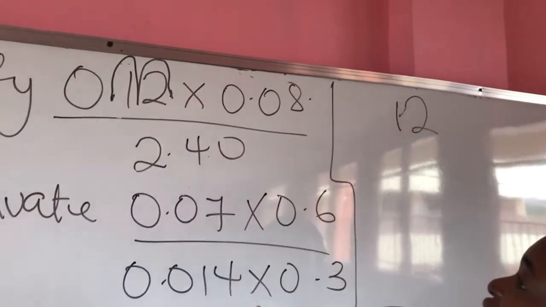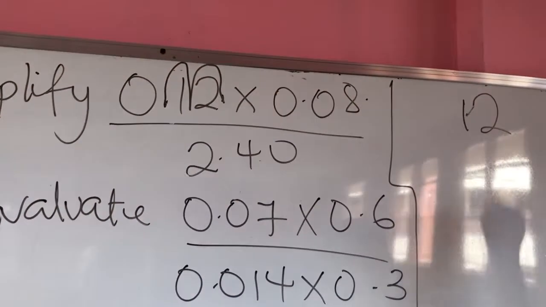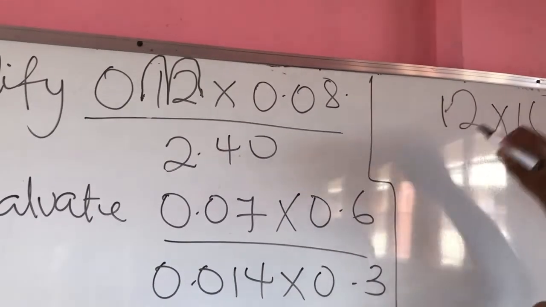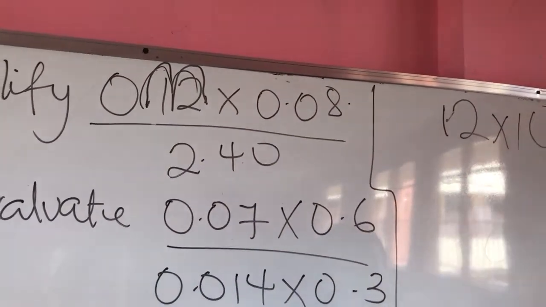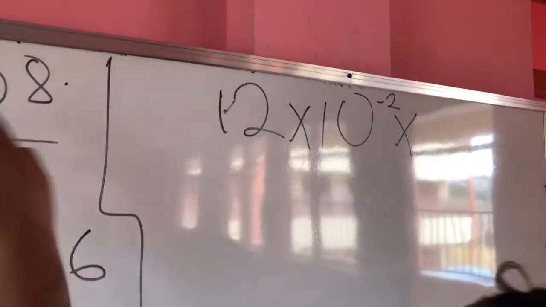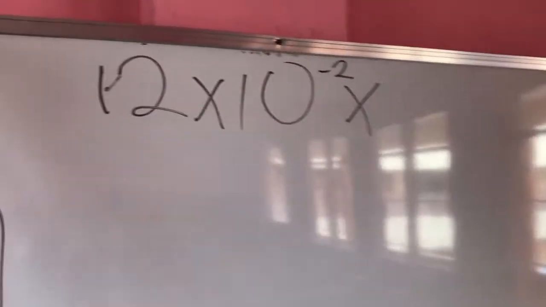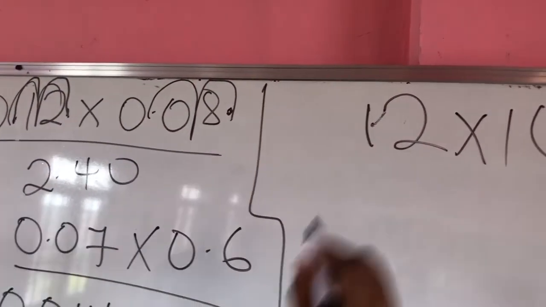How many times did we move? 2 times. And because you are moving from the left to the right, the power must be negative. So times 10 raised to the power negative 2. Then you bring your multiplication sign here. The same applies here. 1, 2. So we have 8.